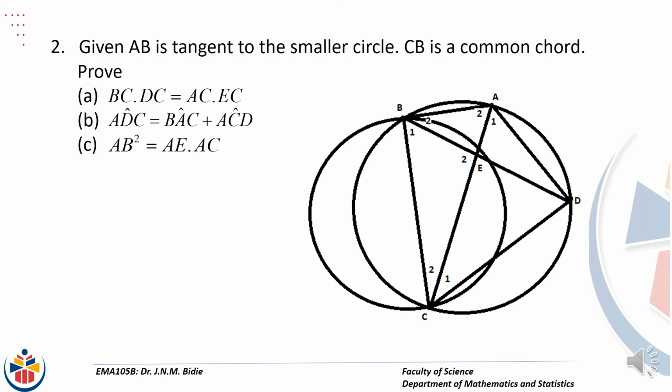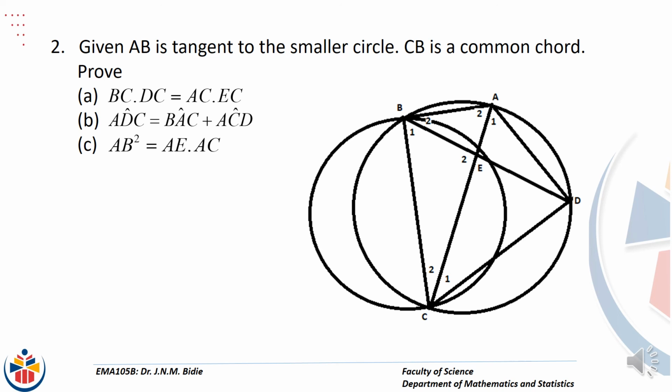Then next exercise, we're still using similar triangles again. AB is the tangent to the smaller circle, and CB is a common chord.